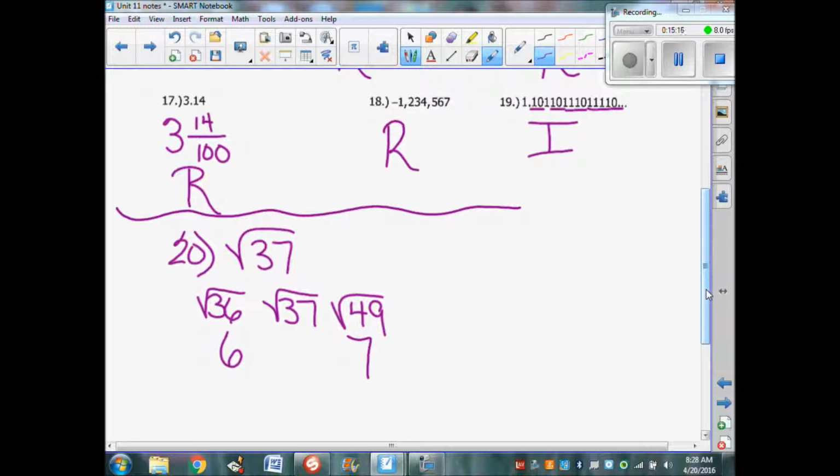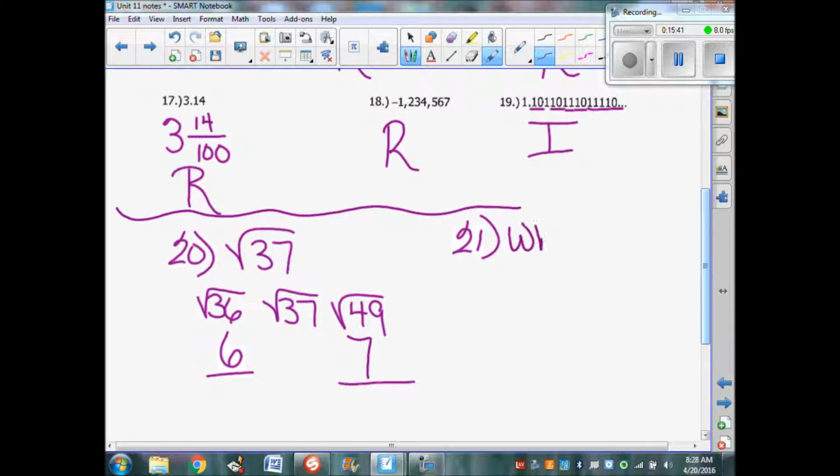So what two integers is the square root of 37 in between? It's between 6 and 7. Which one is it closer to? 6. Because is 37 closer to 36 than it is to 49? Yes. All right.